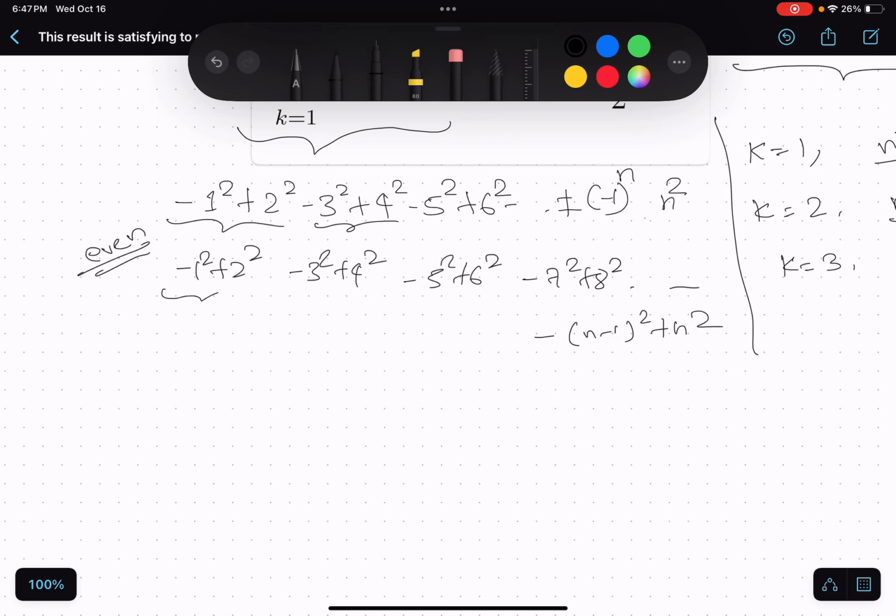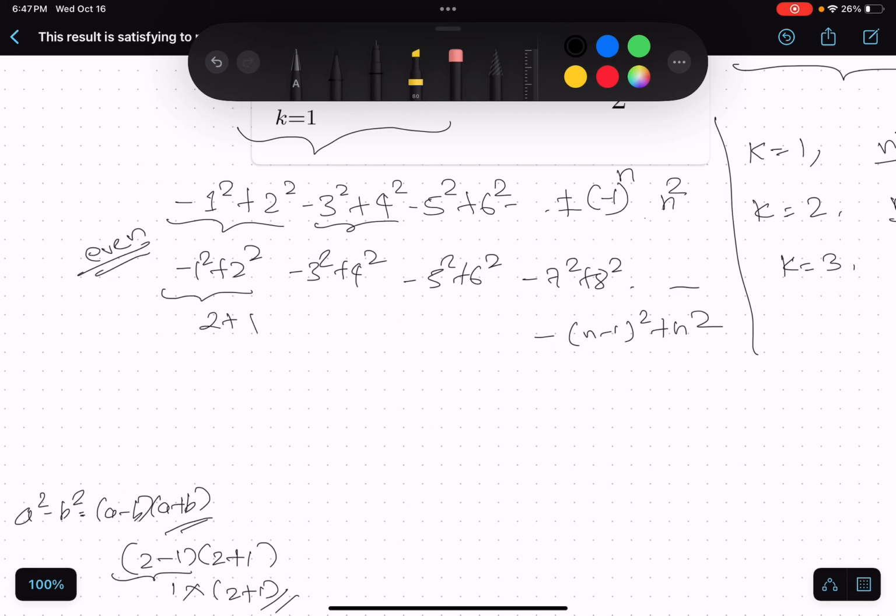To find the sum, you can use the formula that a square minus b square is (a minus b)(a plus b), right? Using this, it will be just (2 minus 1)(2 plus 1). But we know that 2 minus 1 is just 1. So this is just 2 plus 1. You see that?